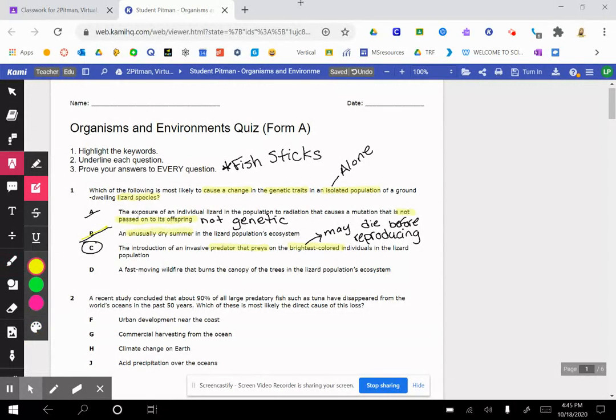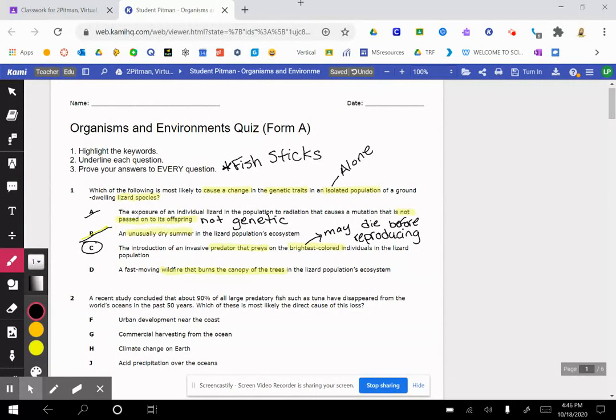A fast-moving wildfire burns the canopy of trees in the lizard population's ecosystem. Again, we have a very short ecological change. So it's just like our summers being dry for 1 year.